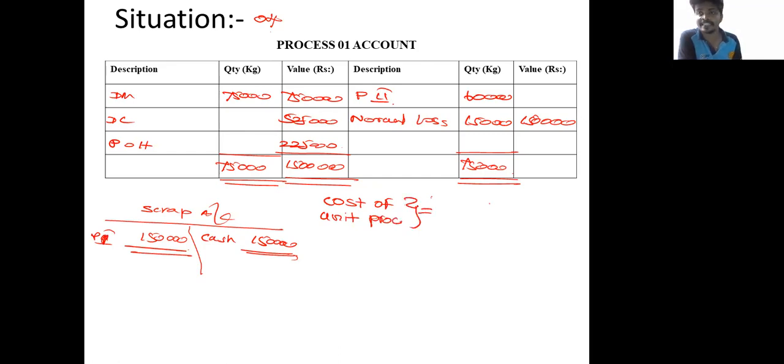Now here we are assuming scrap selling income is used to cover the expenses of this process.